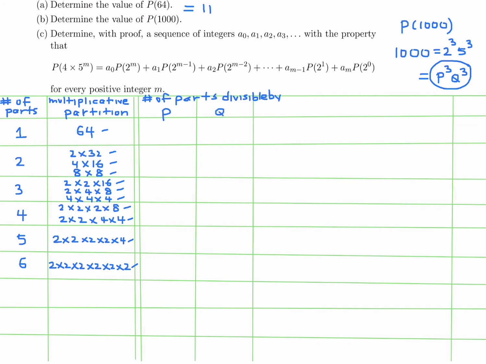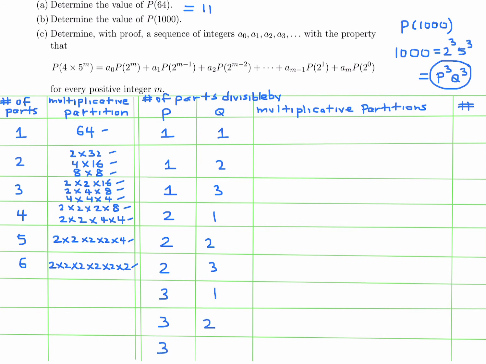And then here I will put the multiplicative partitions, and here we will put how many of them are there. So first we'll start 1 and 1, and then we'll do 1 and 2, 1 and 3, then we'll do 2 and 1, 2 and 2, 2 and 3, and then finally 3 and 1, 3 and 2, and 3 and 3. All right, so let's go.